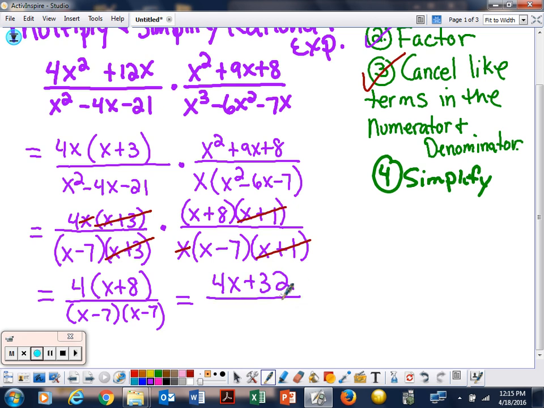And then the bottom, I'm actually going to do this, x minus 7 squared, because there are two of them. You would not have to do that. You could leave it x minus 7 times x minus 7, but x minus 7 squared looks a little bit nicer. So there is the simplified expression when we multiplied those two together. Check.